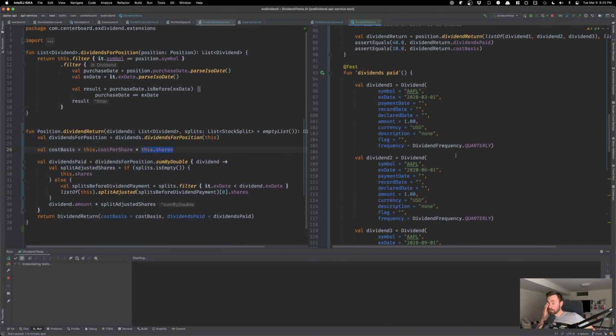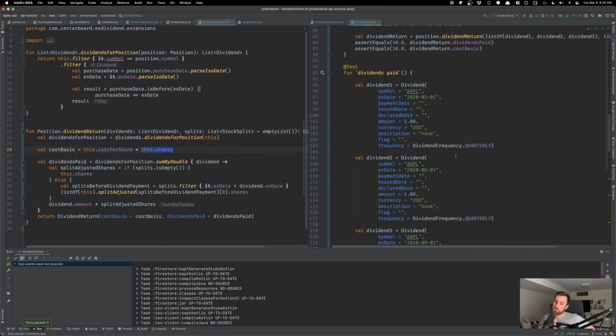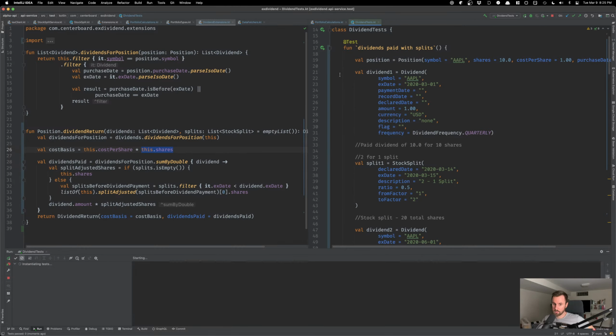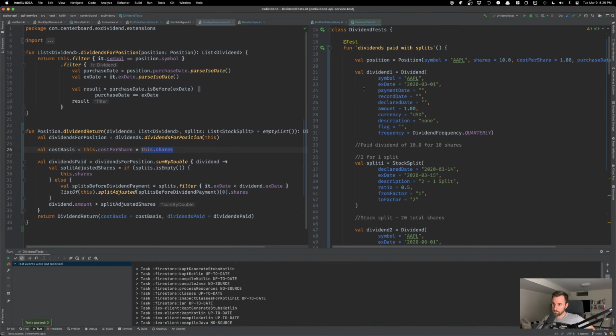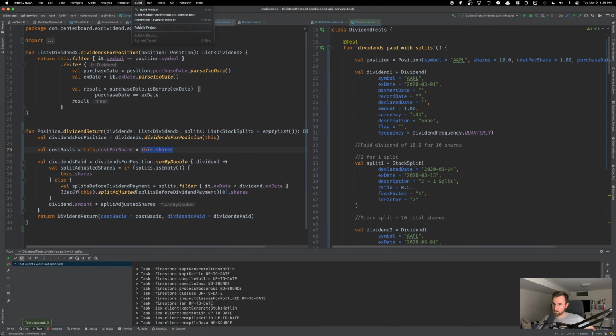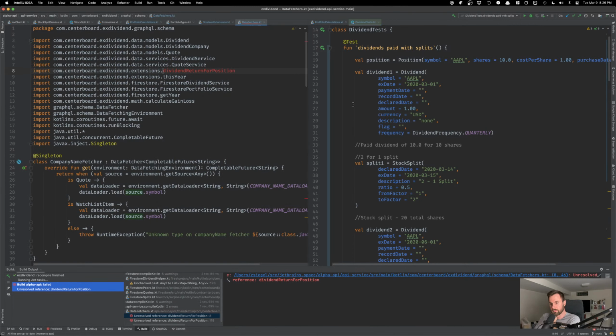Okay, we can just run all these. I need to think about this a little more. Test events were not received. Okay. Why don't you try that again? Okay. That's interesting. Your cost basis, right, is just the cost per share times. Yeah, that's why.